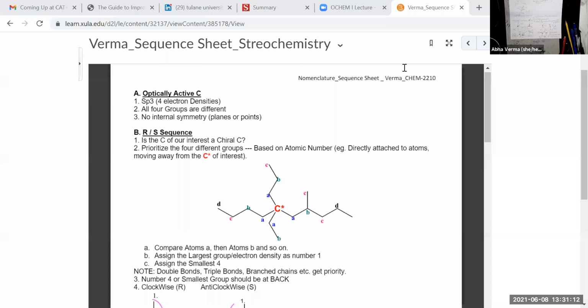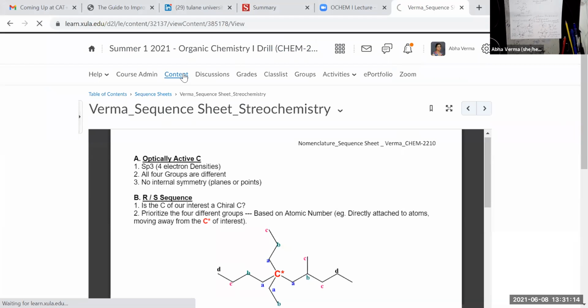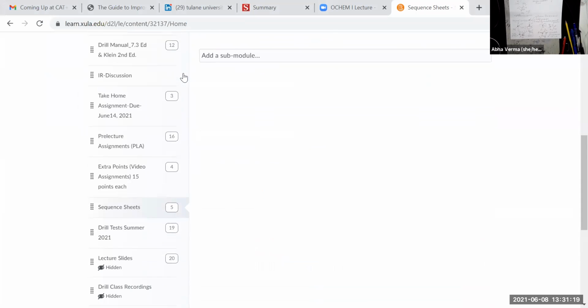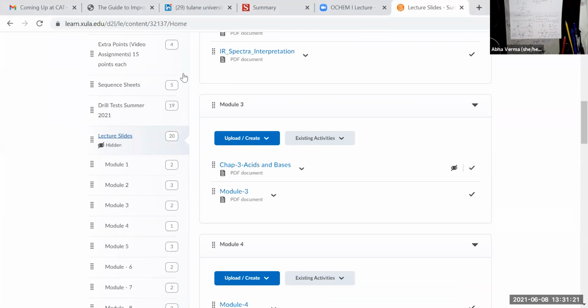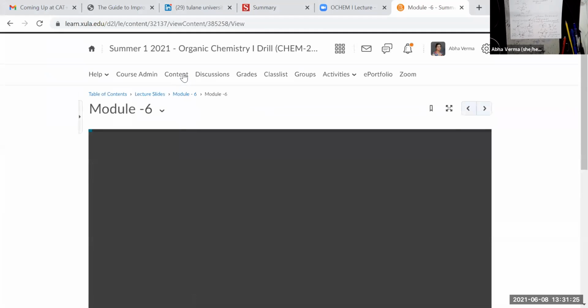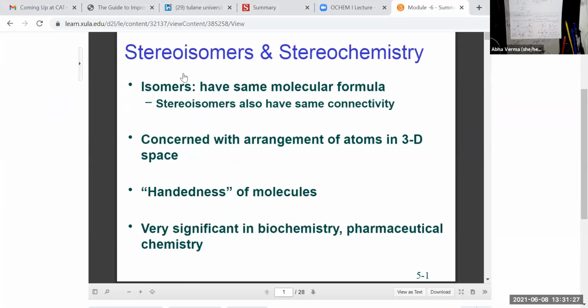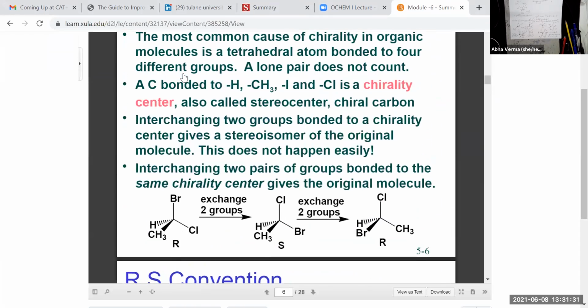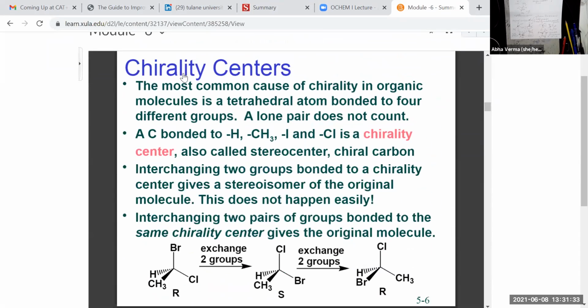Any questions so far? So if we look at our slide right here, we see how stereoisomers can be drawn.